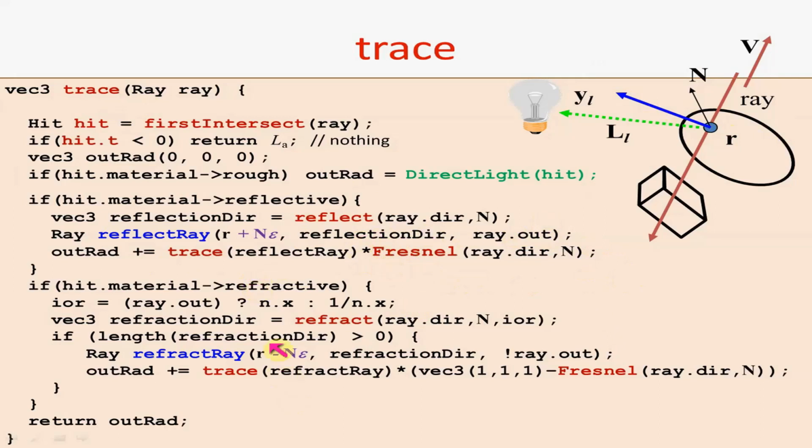And the same happens with refractive objects. The only difference is that instead of reflection direction, the refraction direction is calculated. Note that there are cases when there is no refraction direction, so it should be checked. And obviously when there is no refraction direction, there is no additional recursive trace call.